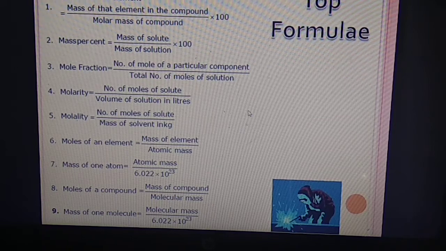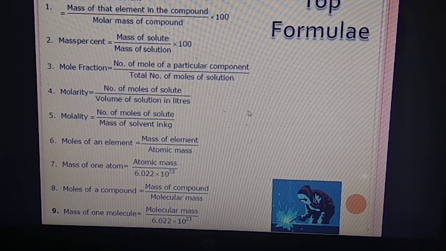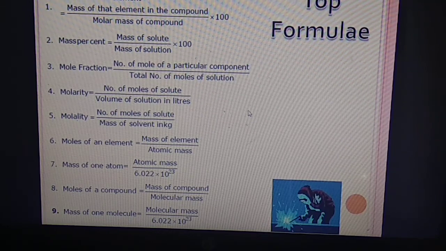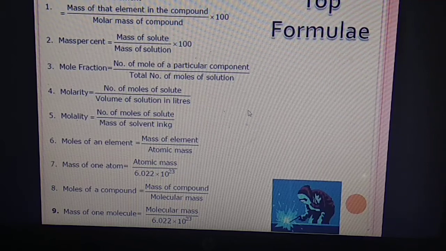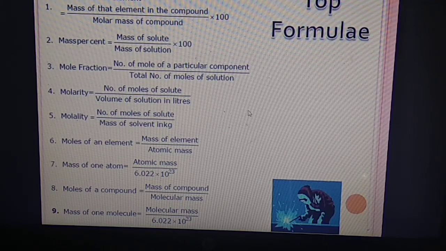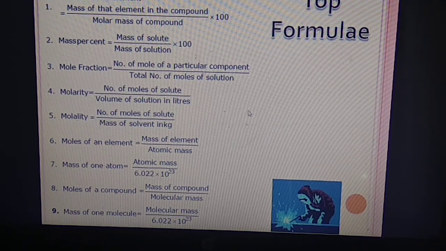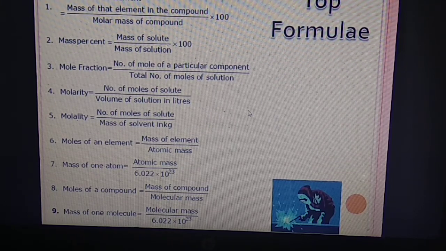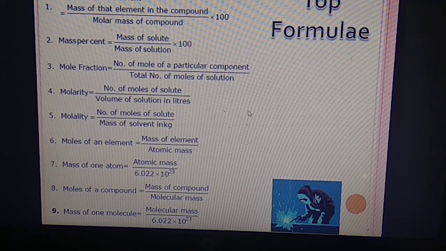So many numericals related to the mole concept you have to do using these formulas. Mole equals given mass by molar mass. Mole equals given number of particles divided by Avogadro's number of particles. And mole fraction equals number of moles of a particular component divided by total number of moles of the solution.